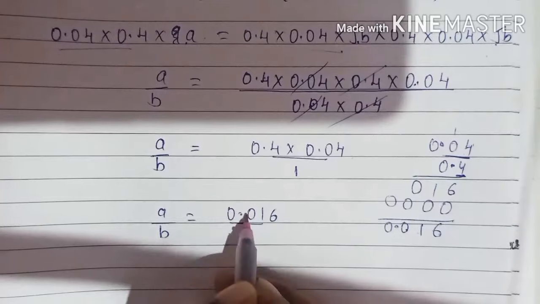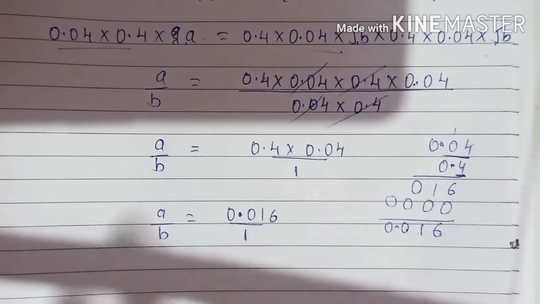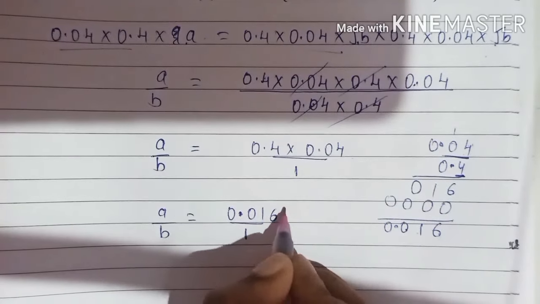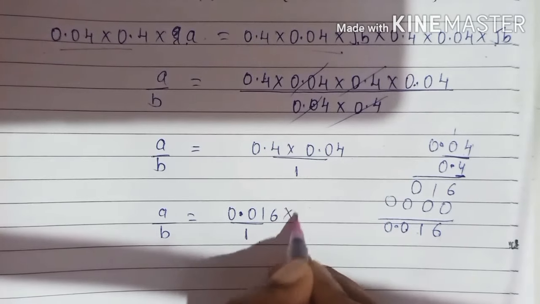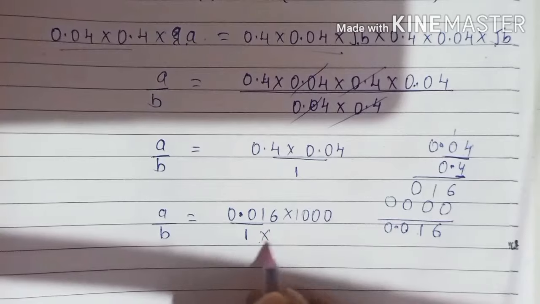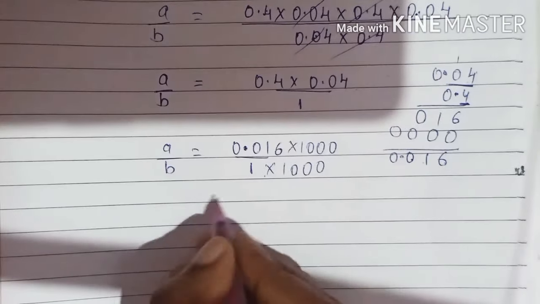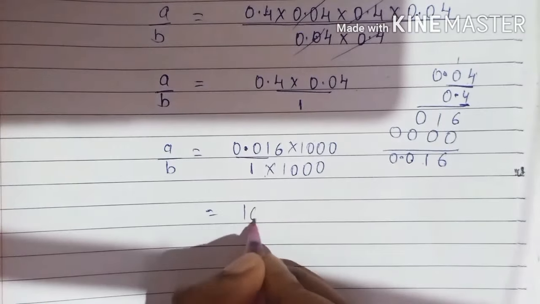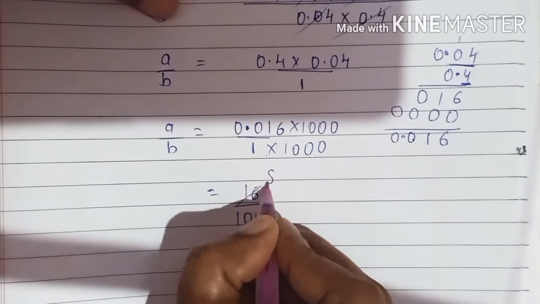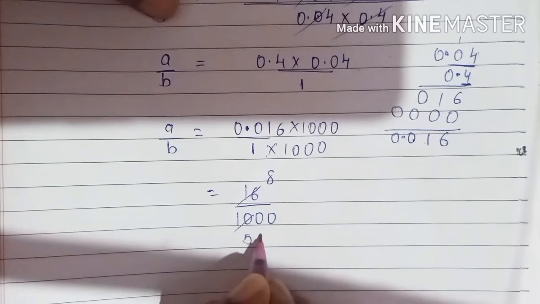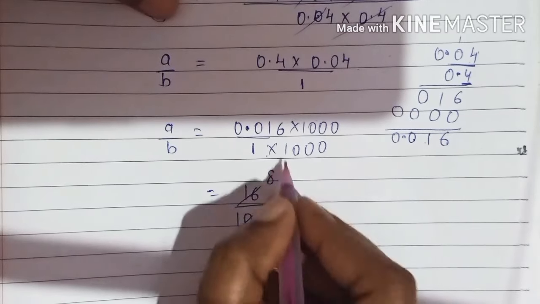Okay, to remove the decimal point, we will multiply numerator and denominator by 1000, because there are 3 digits after the decimal point. So if I multiply numerator and denominator by 1000, what will we get? 16 upon 1000. Do the cancellation. 2 8s are 16, 2 5s are 10, the 0 0 we will write as it is.